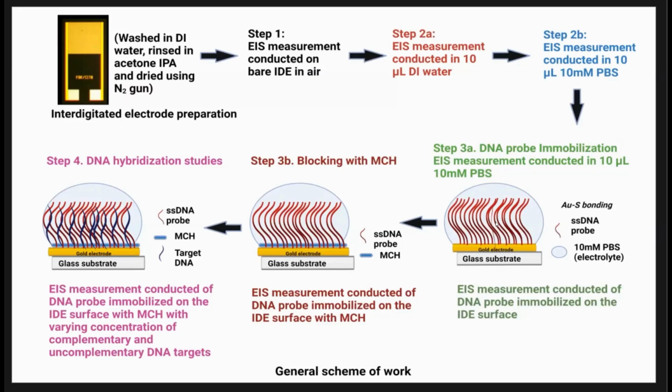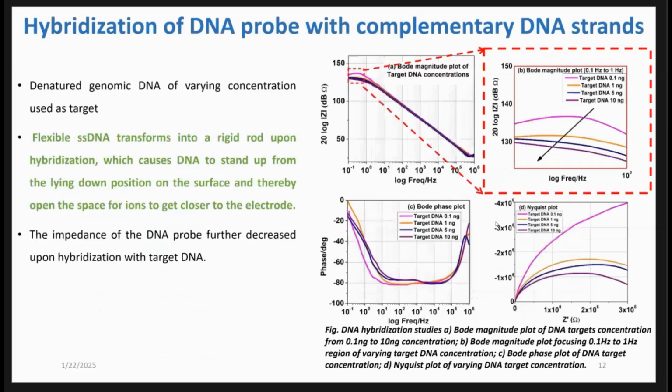If it has the corresponding DNA, and the hybridization takes place, a change in impedance is observed with and without the DNA sample. So this was the general scheme which I worked on to develop this biosensing platform. Then I applied it for various real-time applications.